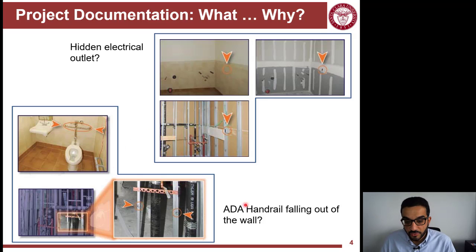And then another famous one is the ADA handrail. If you're dealing with a stud wall, then you need to hang these handrails on the studs, or blocking, kind of a wood blocking that will take these screws and take the load. You can't just do it on just the drywall or the sheetrock.